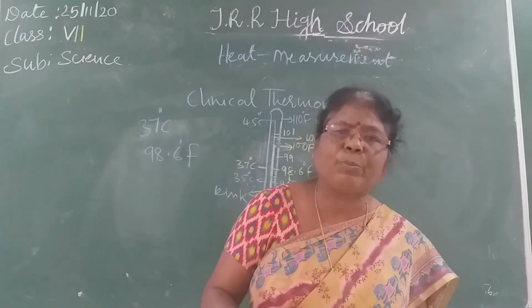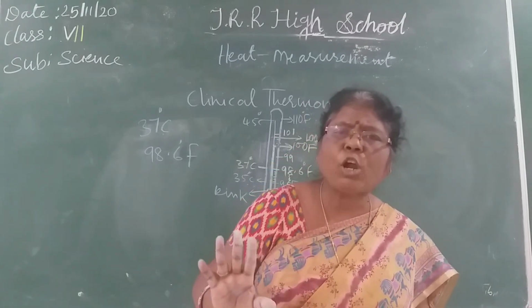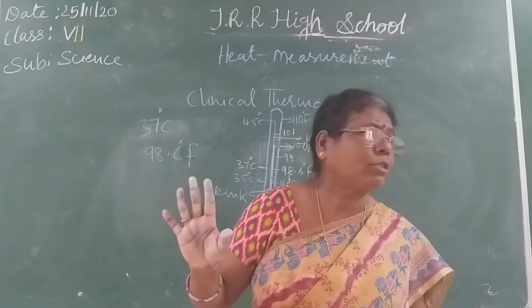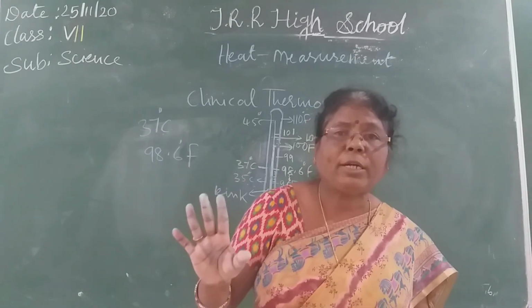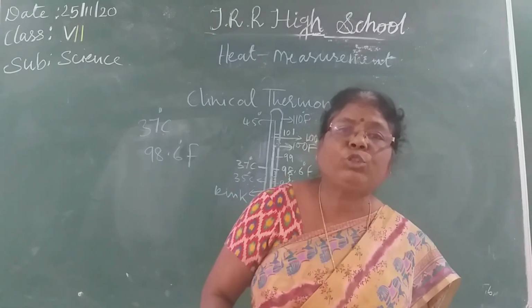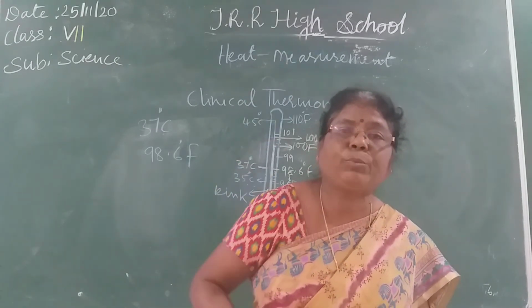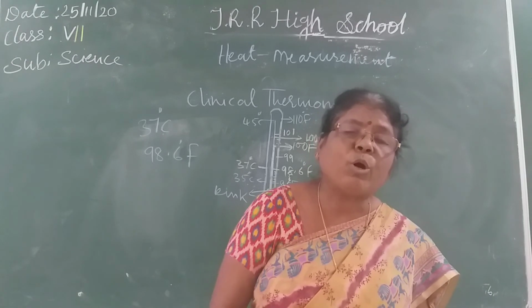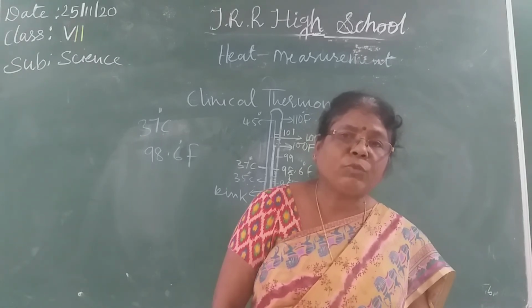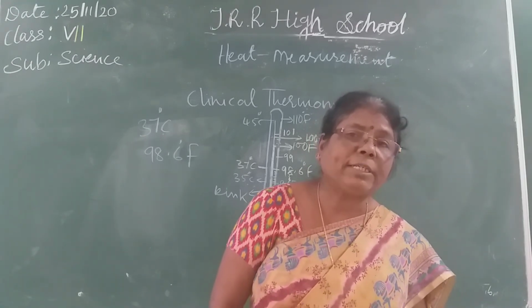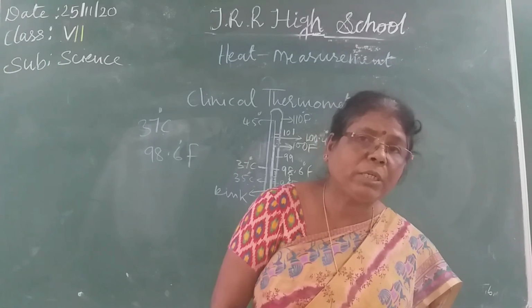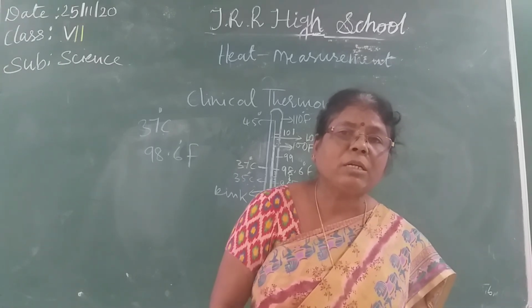You will not get the correct temperature. So before taking your body temperature, give a jerk to the thermometer so that the mercury level comes down to the normal position. Then take the body temperature. This is the correct way of taking the temperature. After getting the temperature, clean the thermometer and keep it in the antiseptic solution.